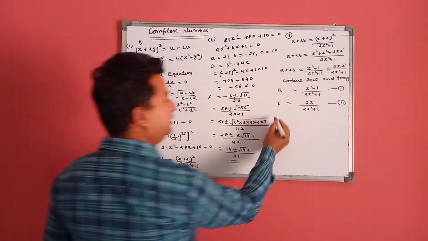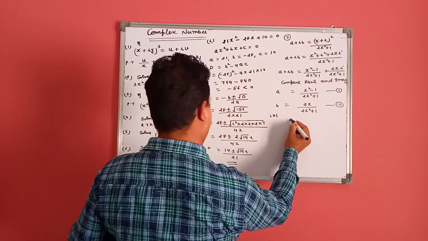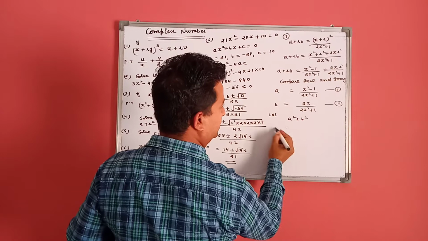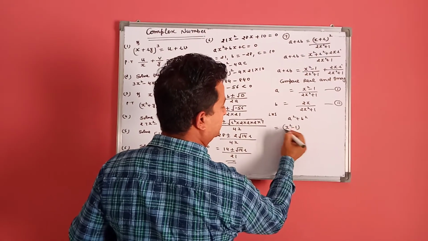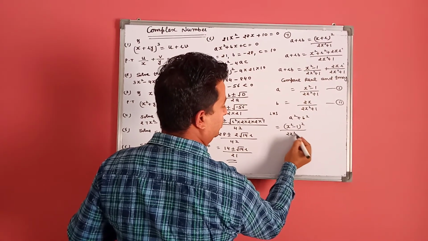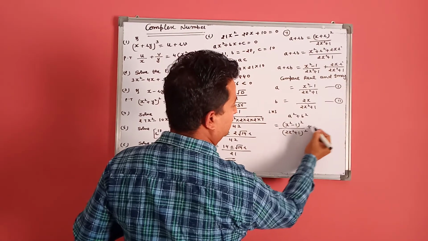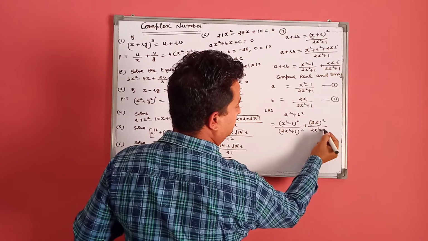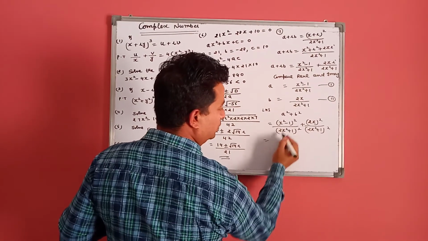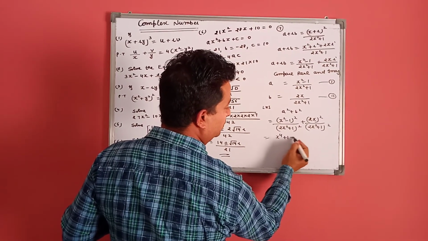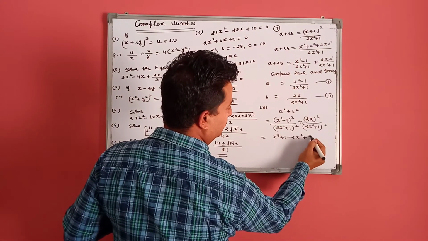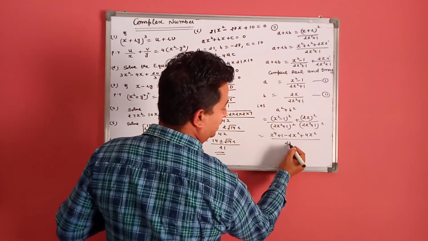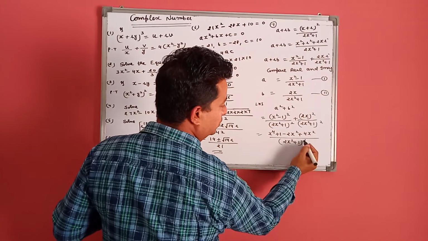In the left hand side of the question, a square plus b square: the value of a square is (x square minus 1) whole square over (2x square plus 1) whole square. b square is (2x) whole square over (2x square plus 1) whole square. Open this identity: x^4 plus 1 minus 2x square plus 4x square, then (2x square plus 1) whole square.